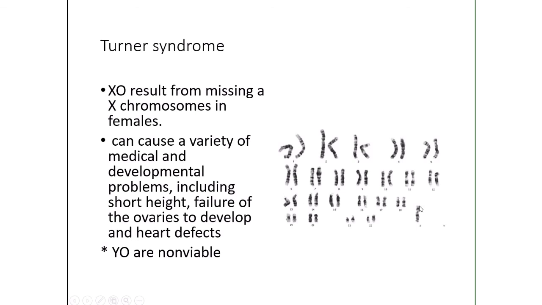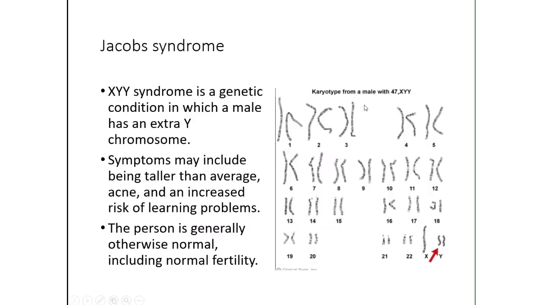So you can see in the karyotype here, there's only one X chromosome. YO, which is just one Y chromosome with nothing else, that is non-viable. Okay, it will not be able to develop at all. So we don't see people with that genotype.